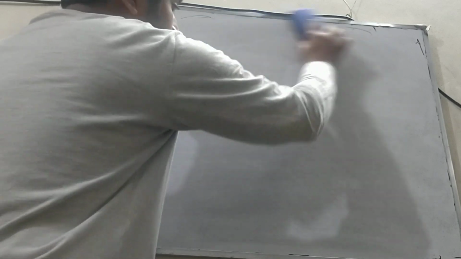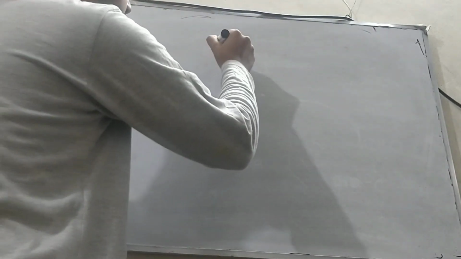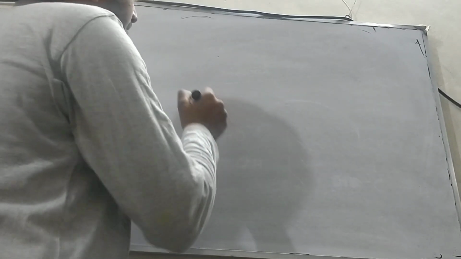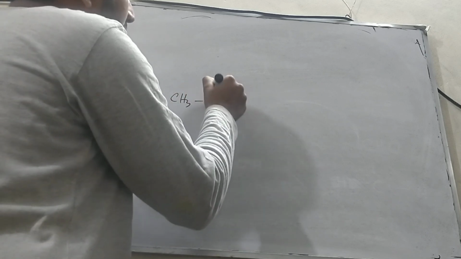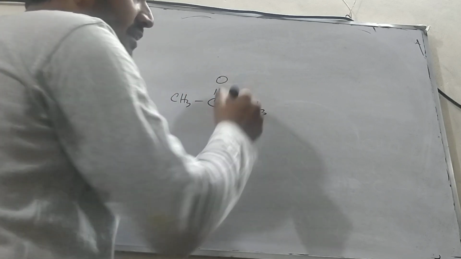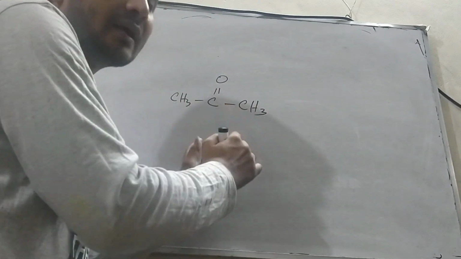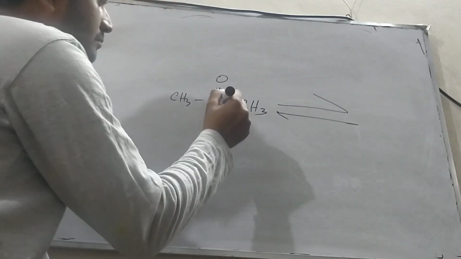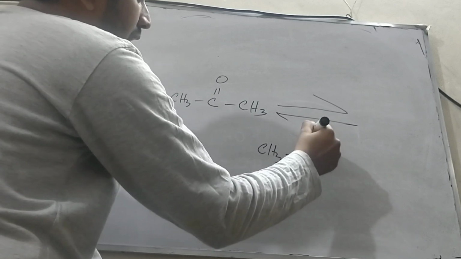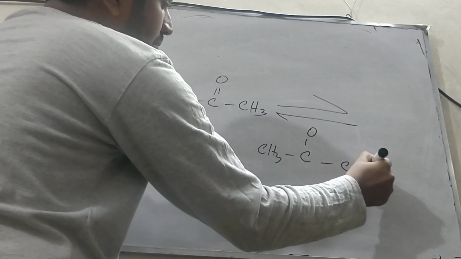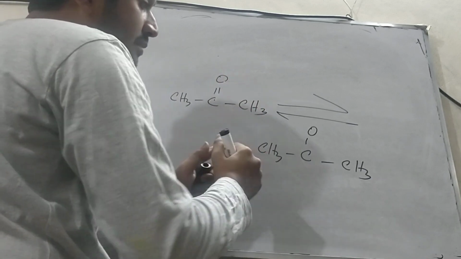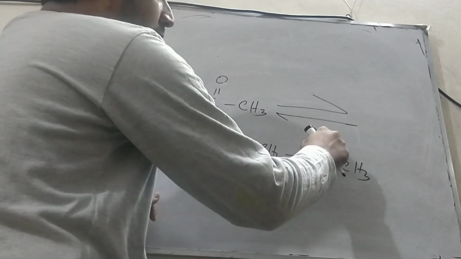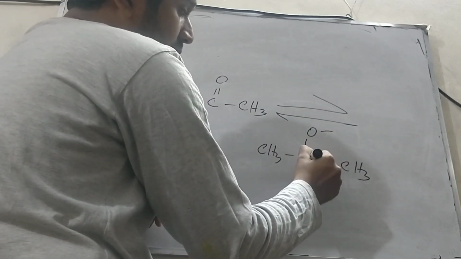Next, there is the matter of tautomerism, the sixth isomerism. Tautomerism: if we write here CH3, C double bond O, CH3, you know that it's called propanone, dimethyl ketone or acetone, whatever you say. It works like that. If we take acetone like this, if the double bond of carbon and oxygen breaks, then there will be a necessity of filling this hand, also of carbon.